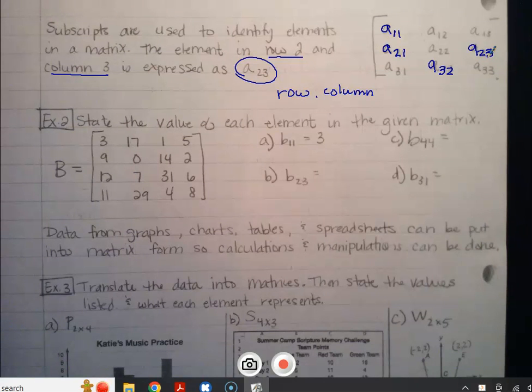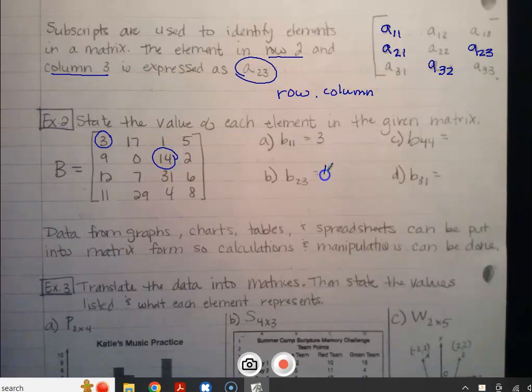And so in example 2, it says state the value of each element in the given matrix. So this is matrix B, and row 1, column 1. Well, that's this one. Row 1, column 1 is 3. So what element do we have in row 2, column 3? 14.